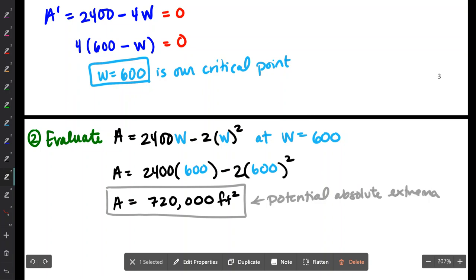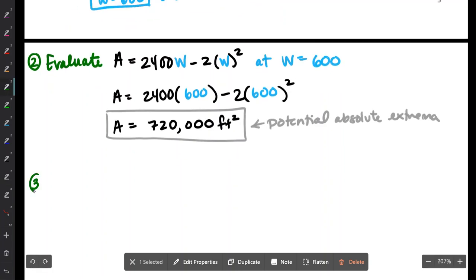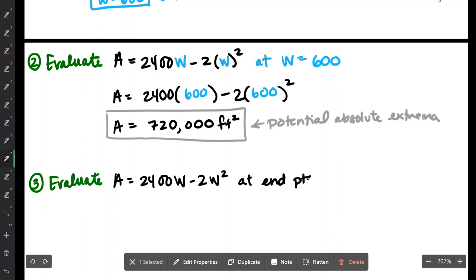All right, because our function is a continuous function on a closed bounded interval, absolute extrema can also occur at the endpoints. So step 3 is to evaluate my area function at the endpoints. And the domain, because I wrote area in terms of W and there's 2 widths here, the width has to be something.